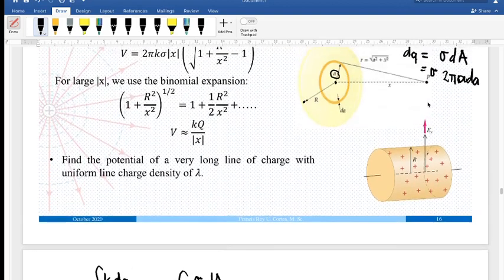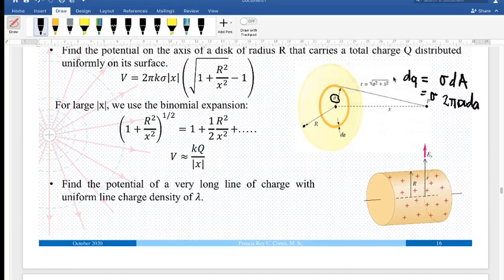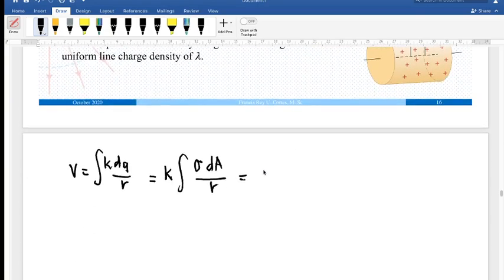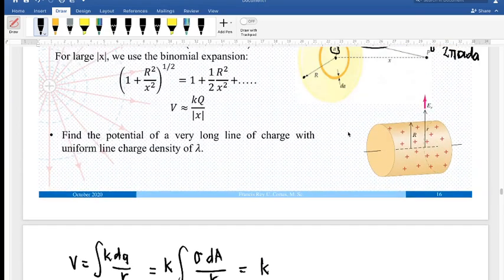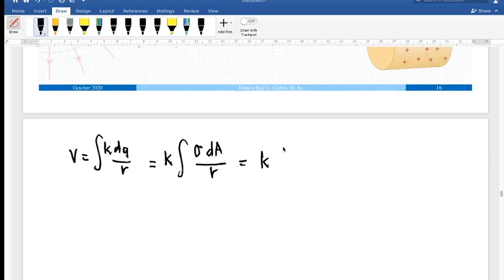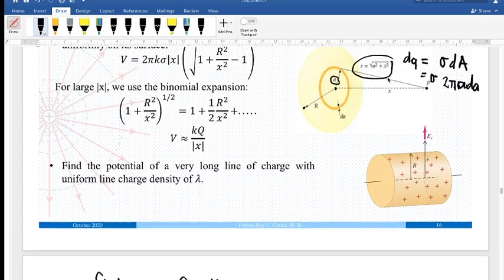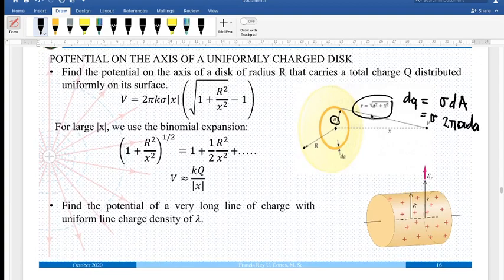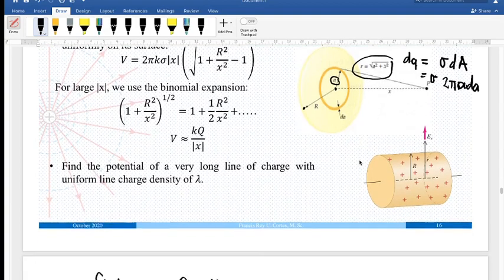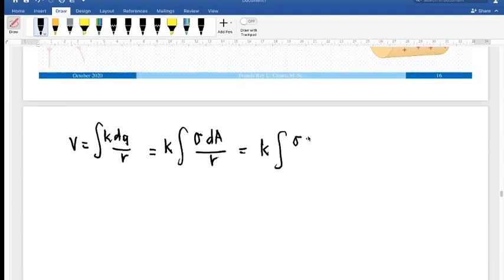So we have k, the integral of sigma dA over r. Then we can compute r as the square root of a squared plus x squared, as you can see here. The r here is no longer constant, so we cannot take it outside of the integral. So we have 2 pi a da over the square root of a squared plus x squared.